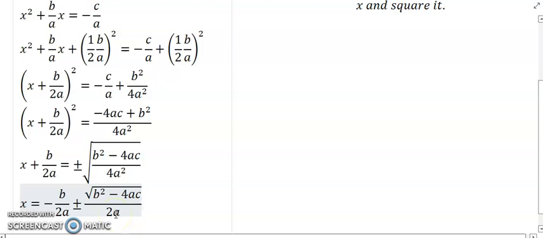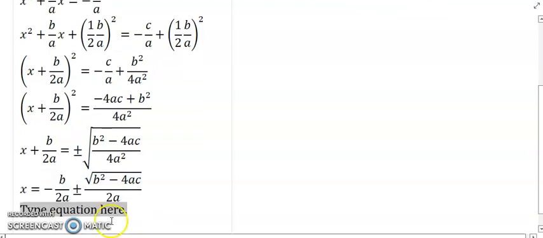Then let's continue. Guys, if you have plus or minus, we have the fraction, and between this fraction we have plus or minus, meaning that we're gonna take out the lowest common denominator. The lowest common denominator of this one is just 2a.